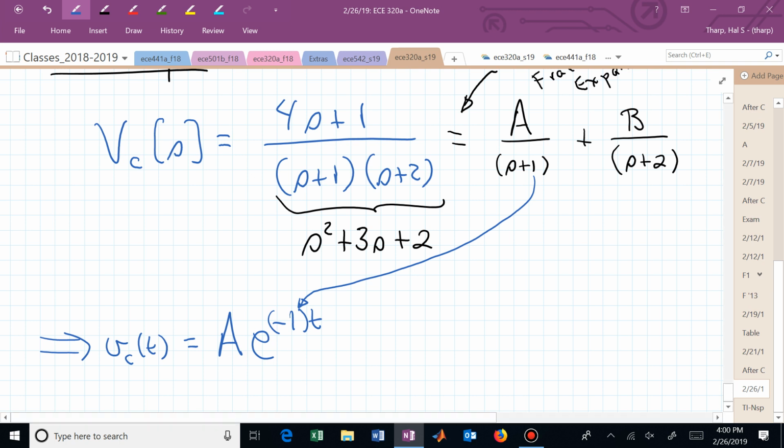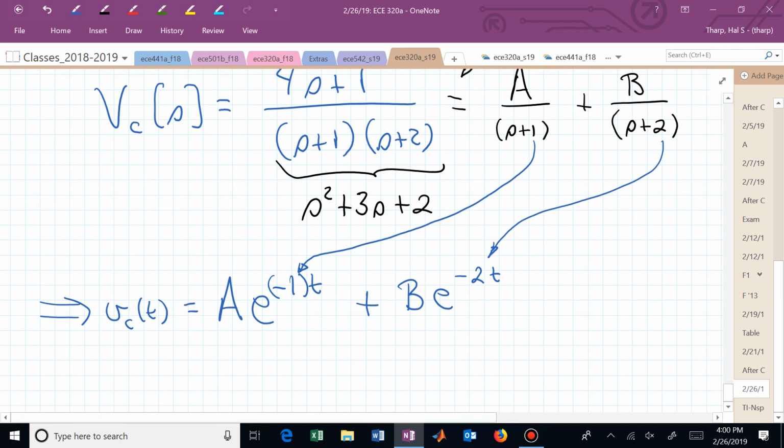The same goes for the second term. What's the mode associated with the second piece? e to the minus 2t, where this minus 2 is coming from that second factor.